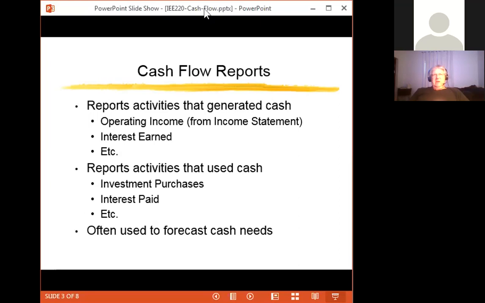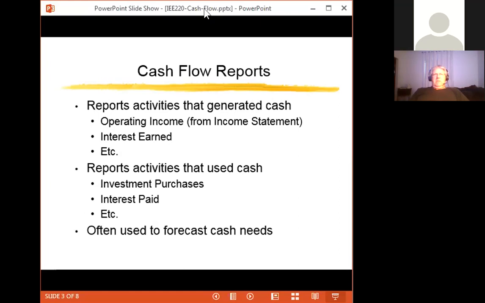So you just see that net money in on a cash flow report on operating income. We're not seeing each of those line items, purchases and payroll and etc., because it's already embedded in that top item.